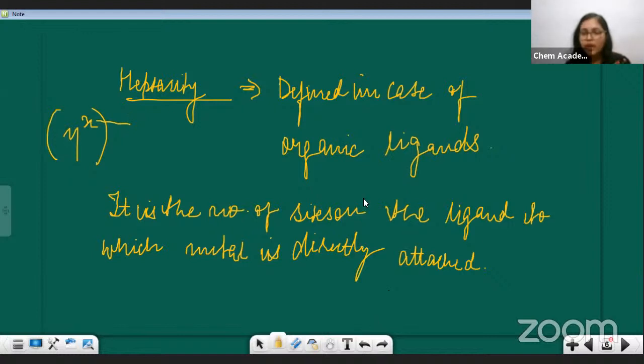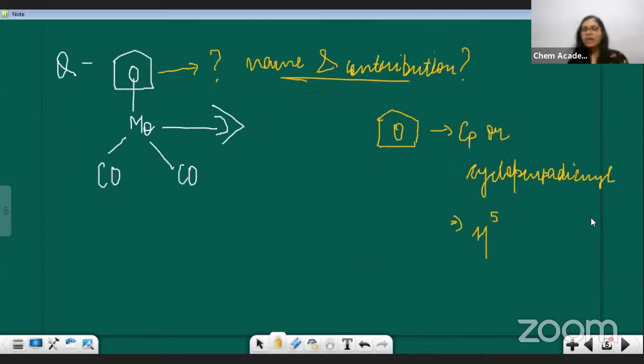So coming back to this question, how are we going to find if this is stable or not?